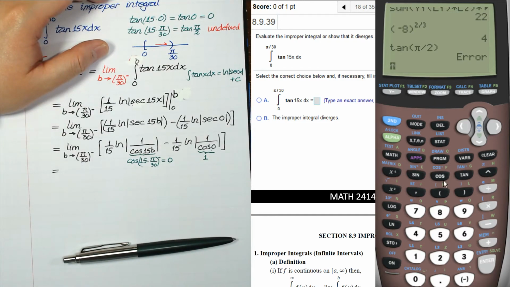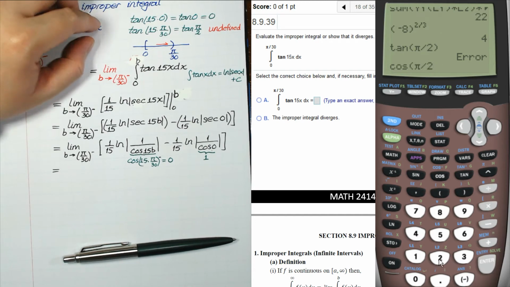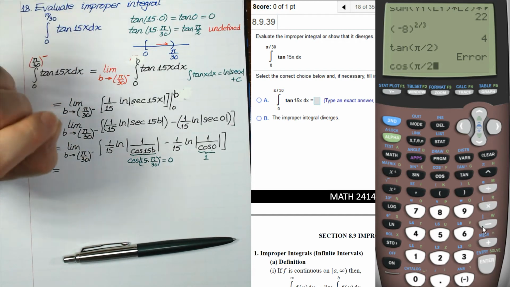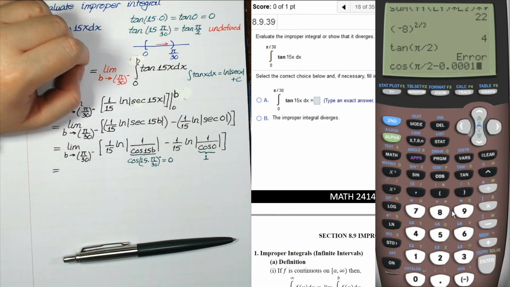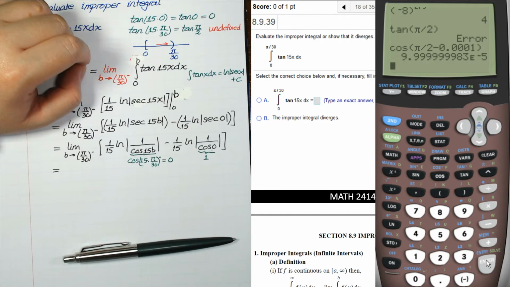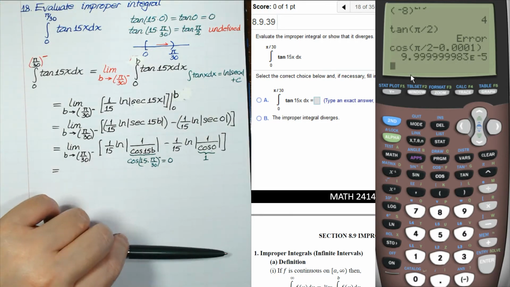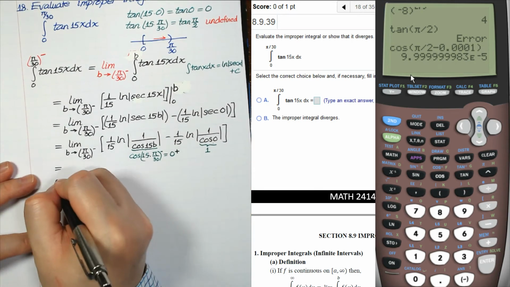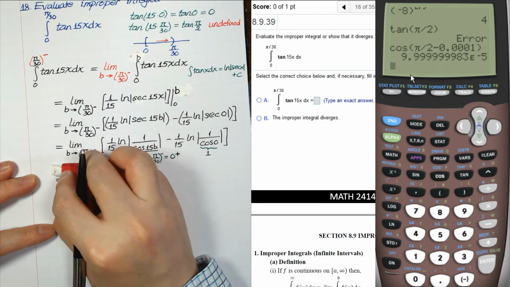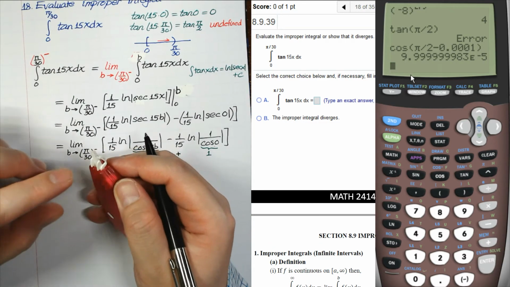Well, cosine pi over 2, but from the negative sign, so we subtract a very small number. So it ends up being positive, very small. Right. Really disappointed after all of this.